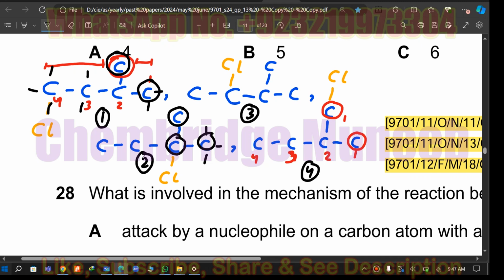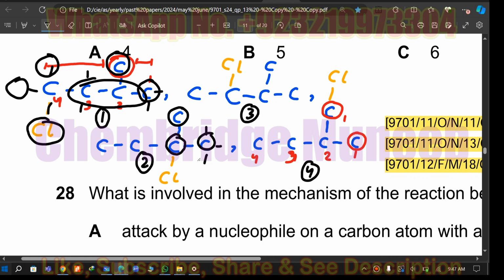But with the first isomer, on carbon number 4 there were 2 hydrogens and 1 chlorine, and this whole group as another group. So these 2 hydrogen atoms are basically the same, so no chiral center is present there.